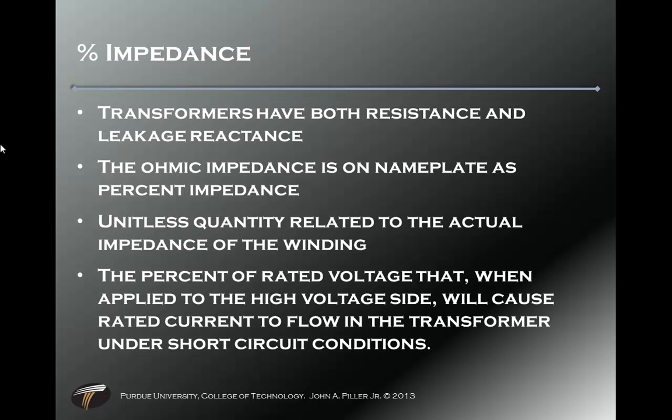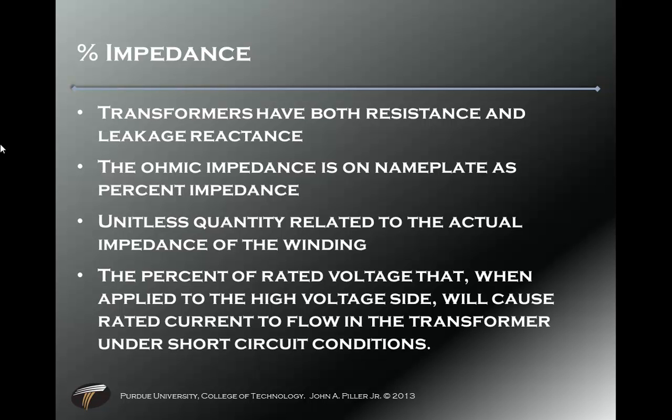Now we're going to do this in the lab. We're going to do a short circuit test of our transformer. On the secondary side, we're literally going to put a wire from X1 to X4, and we're going to dial the voltage up on the primary until we read maximum current of that transformer.